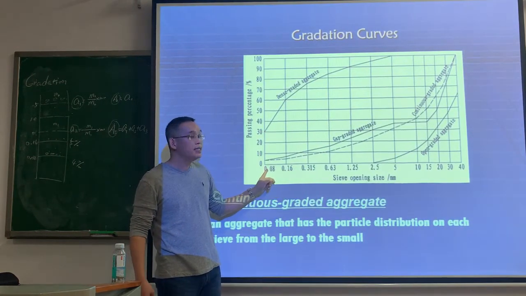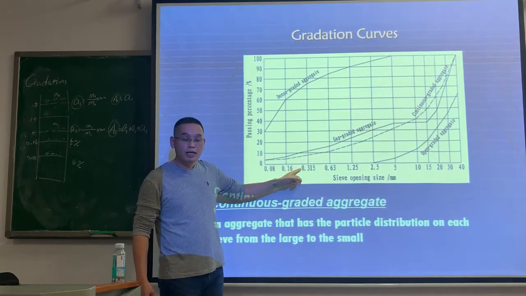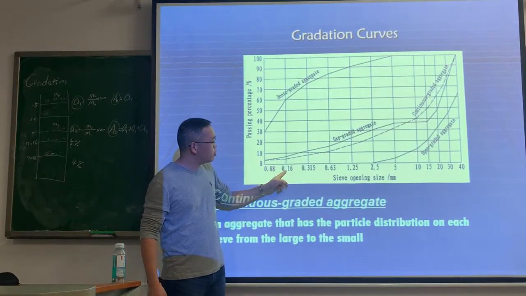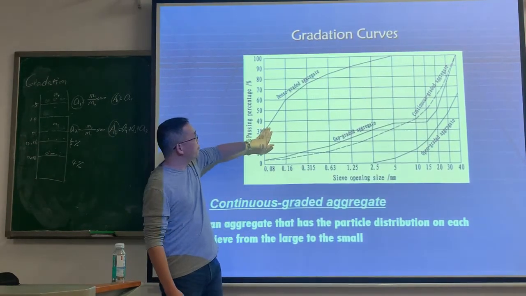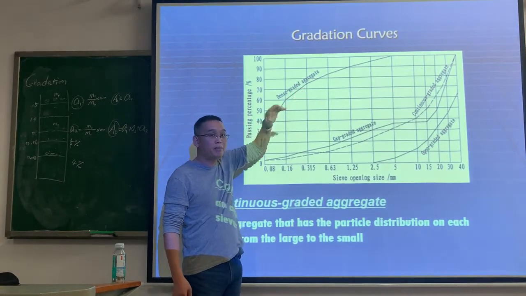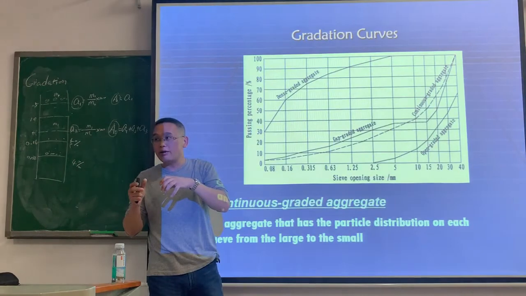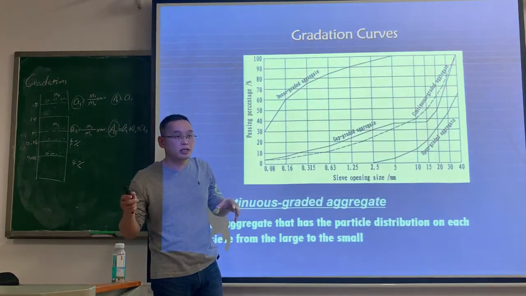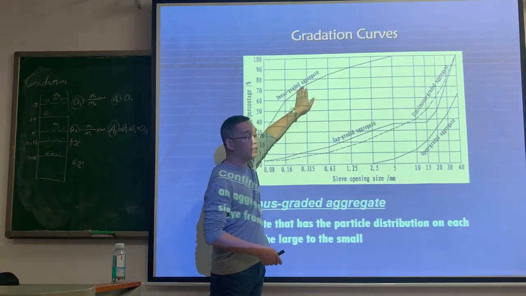It means the size is small. For these small sizes of aggregate, the passing percentage is high. It means the amount of the fine aggregate is big. So it is a dense grade aggregate.